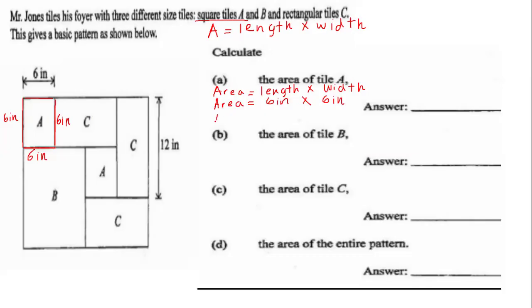So what is the area? 36 inches squared. Very good, Joel. Joel, you have to make sure your background is quiet. It's very noisy. Okay? So the answer is 36 inches squared.